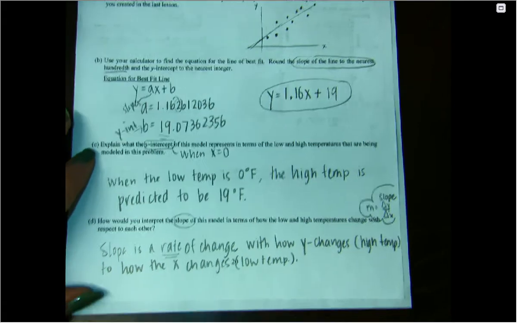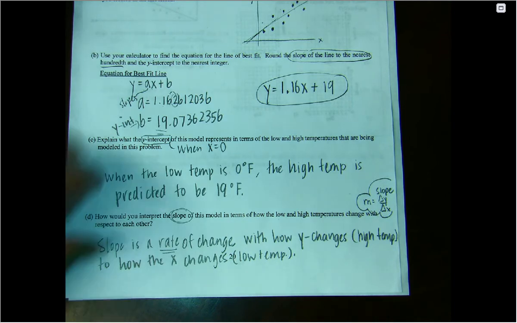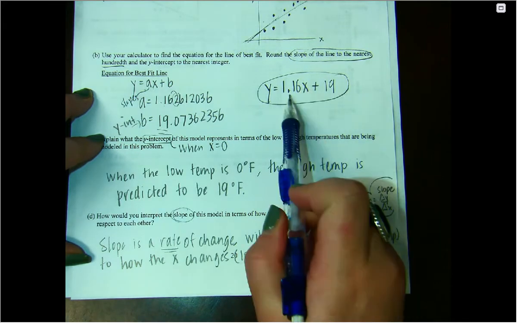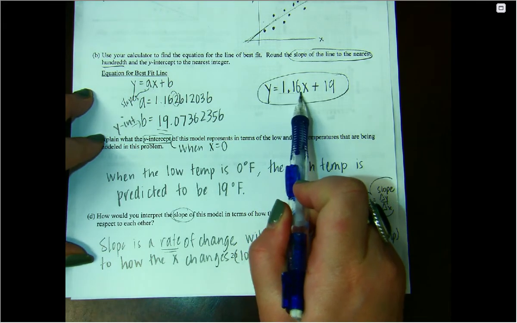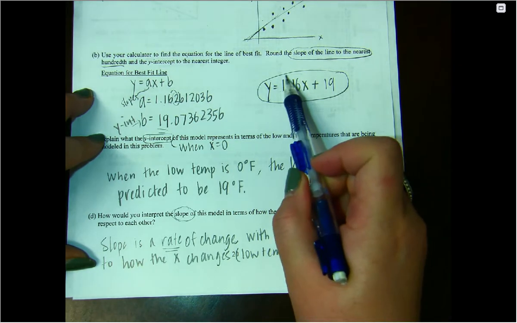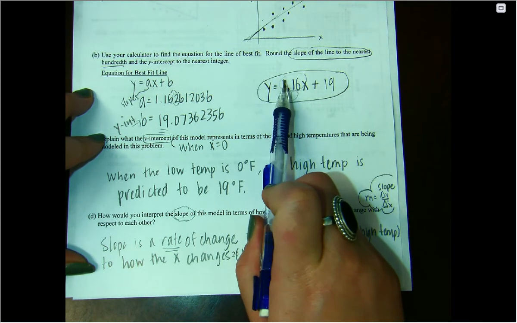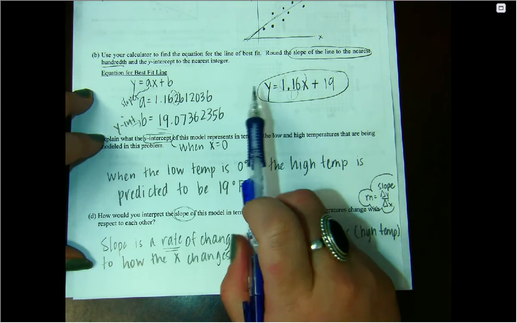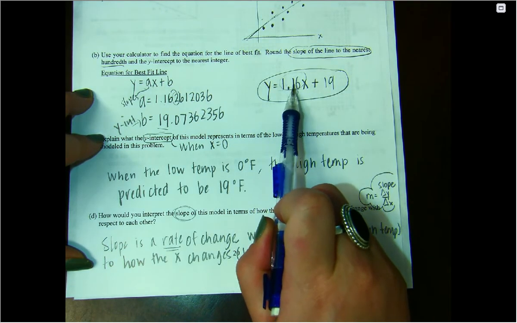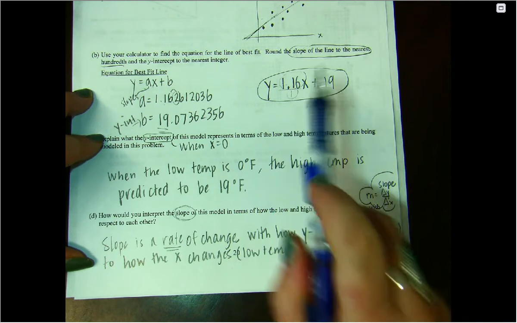Okay, we're just being specific on what this is. So what does that mean in relation to my equation? Okay, so if this is my equation, remember? So if I have a slope here, this number is always over 1. So my change in y is my change in my top number over my change in my bottom number. So y is positive. That means it's increasing. And it's increasing 1.16 degrees for every 1 degree the lower one is changing.